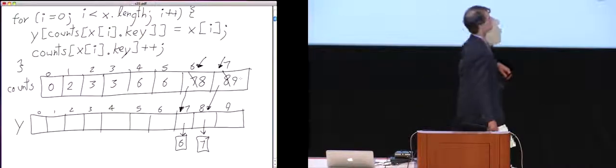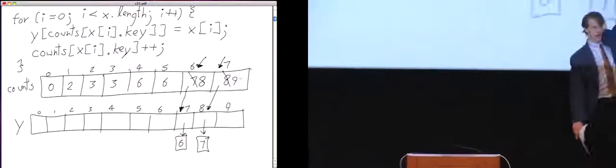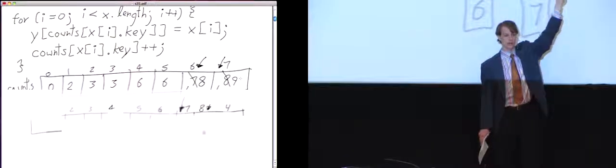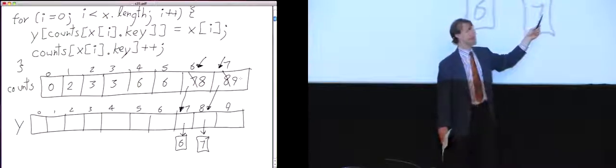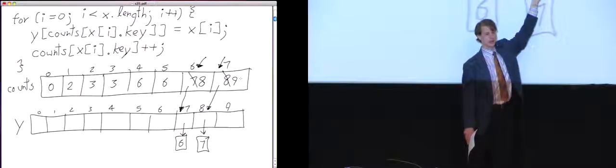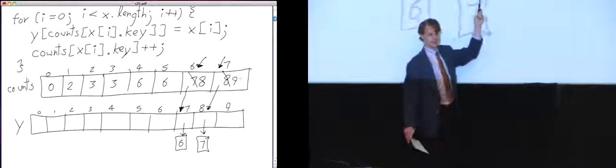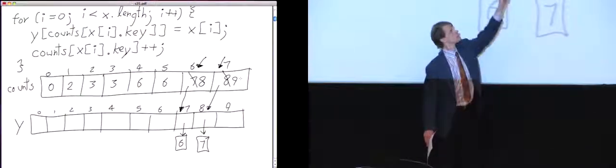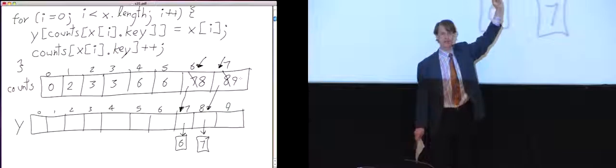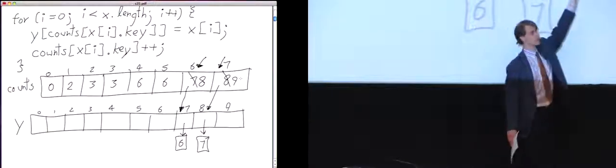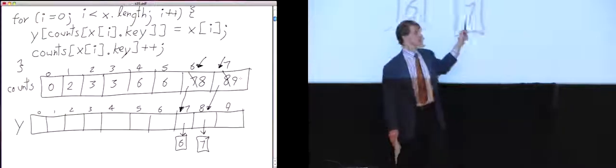And the reason why we do that is the next time I find a 7 in the input list, I don't want to put it here. This space is already taken. I want to put the next 7 here next to the previous 7. So I increment that 8 to 9. That tells me next time I have a 7, I want to put it in this slot, not in this slot.